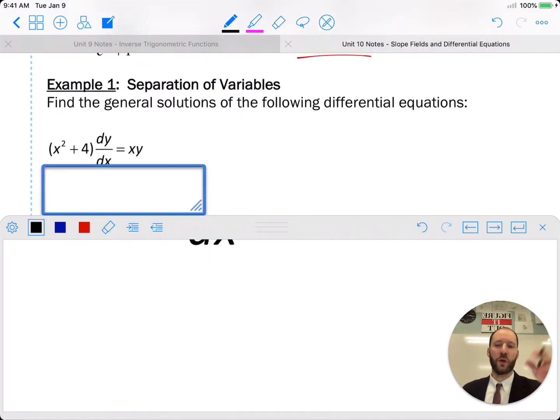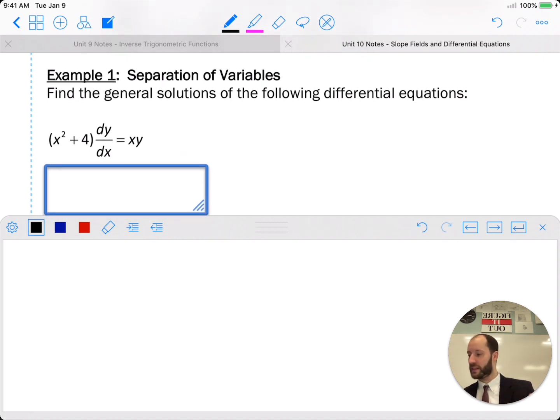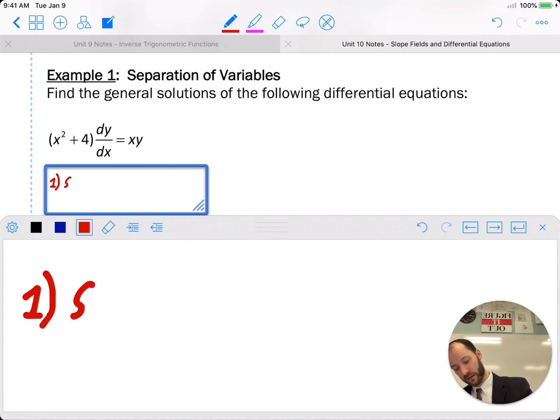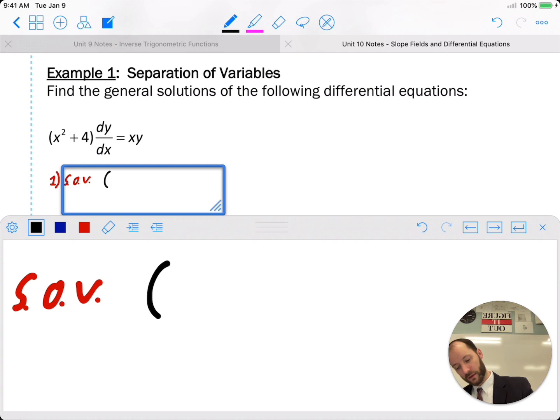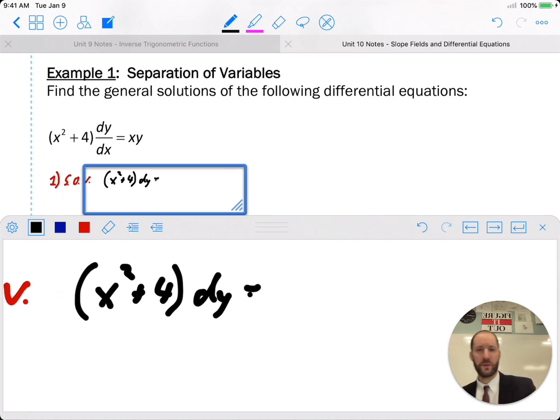Now let's work through a whole problem and go through all of these steps that we see. It's a pretty defined process, okay? So first, let's kind of clean this up a little bit, do separation of variables. So step 1, separation of variables. So x squared plus 4 times dy equals xy dx.